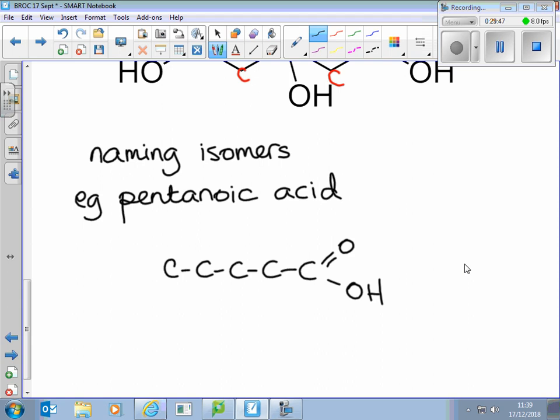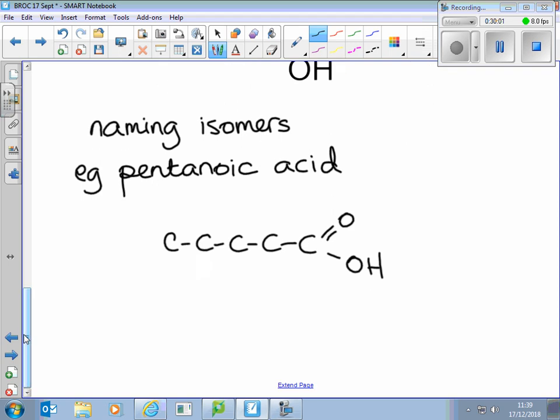Where are we going to put it? Sorry? Yeah, pentan 1-oic acid. It's a bit clumsy, but you know, theoretically that is how you do it. So this would be pentan 1 oic.